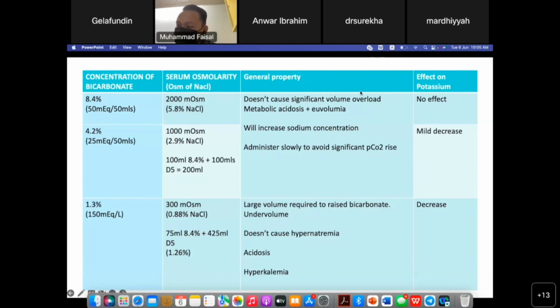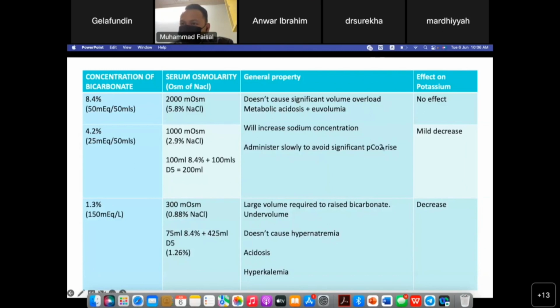But it will increase sodium concentration because of the high sodium level. So like I said before, to avoid the potential harm, you can give it slowly.